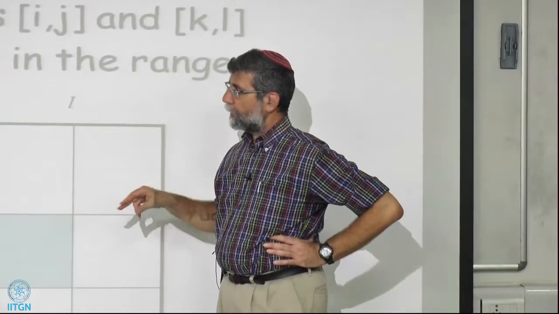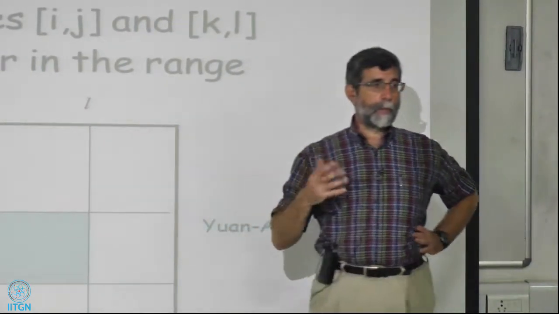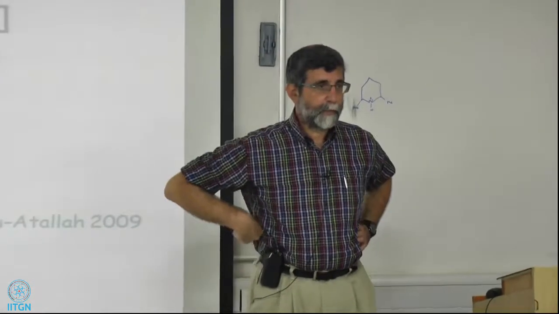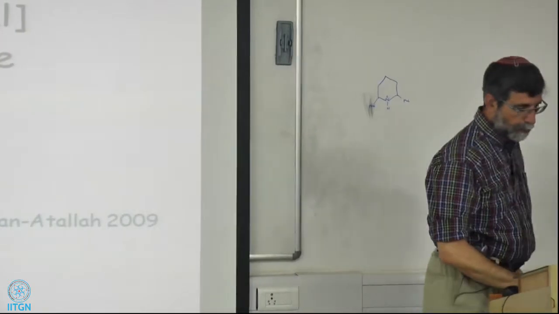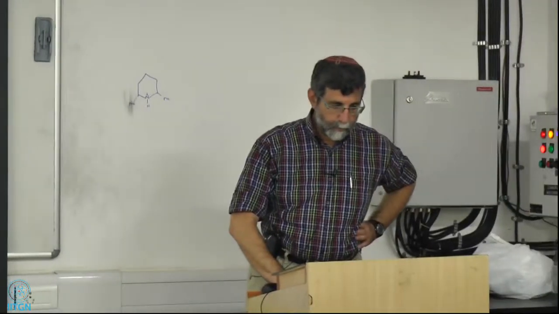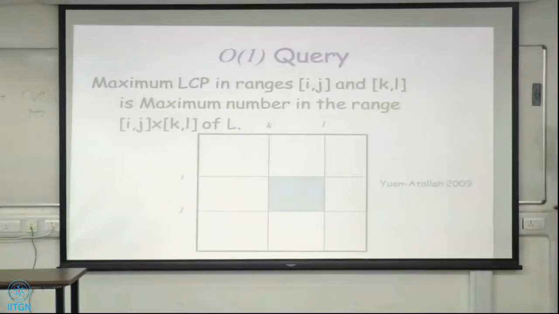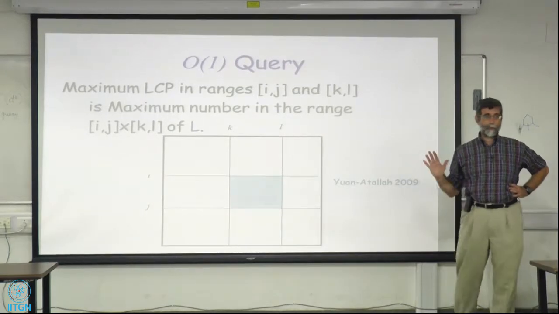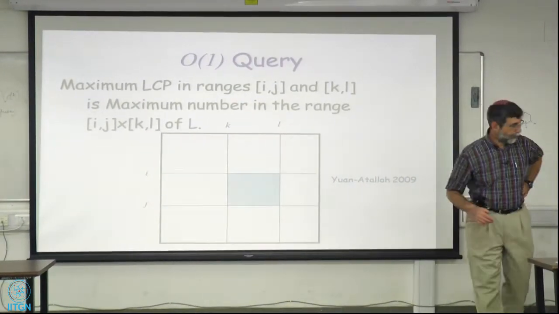The range that we're asking for is ij by ij. Find the maximum, and that is going to be the maximum LCS that you have in that range. Okay, so that solves the first line. Is everyone happy with this solution? So we'll move on to the next one.